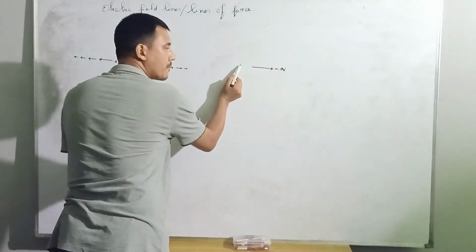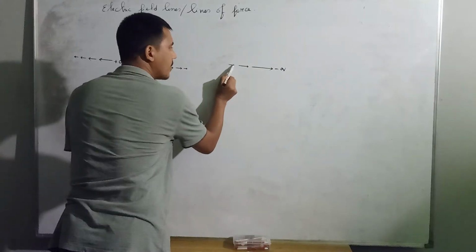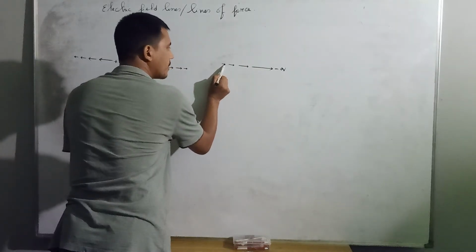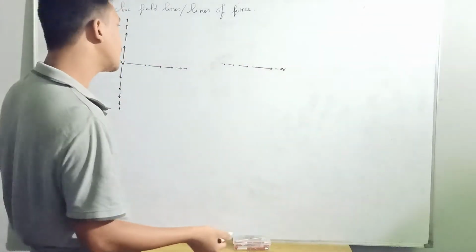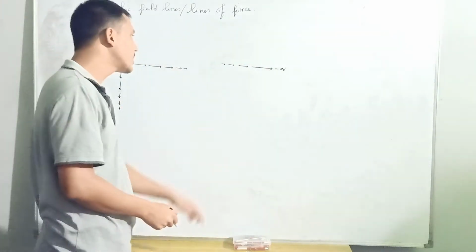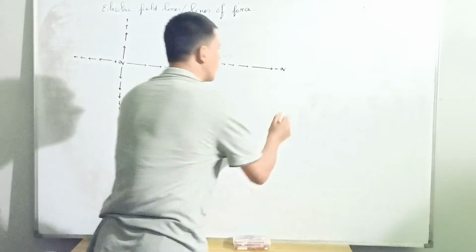As you move away from the source charge, the length of the arrow will start to decrease, but it does not vanish. It extends up to infinity, but its magnitude becomes very small.